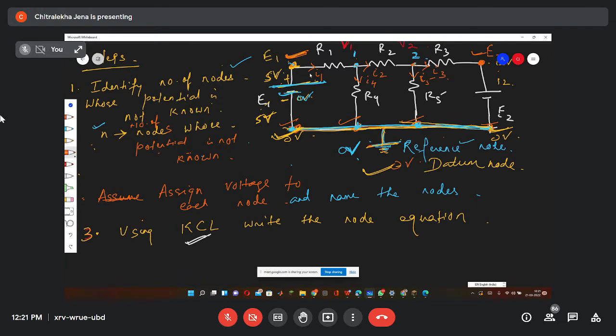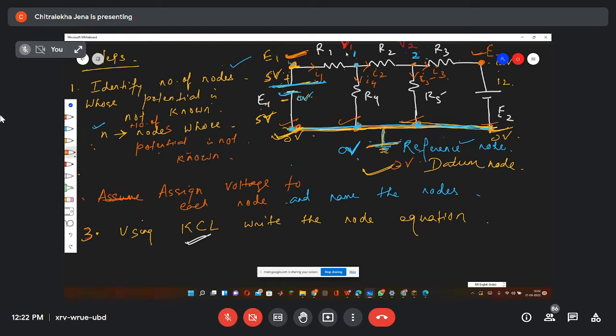I have taken I1 from left to right; you can take it in the opposite direction, right to left. You assign the current direction according to your wish, because I do not know whether V1 is greater than E1, or V2 is greater than E2, or V1 is greater than V2, because V1 and V2 are the node potentials.